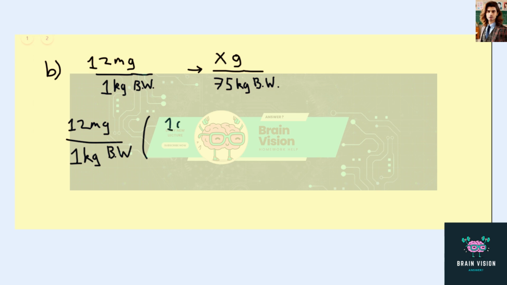We know for every gram, we have 1,000 milligrams. Remember, we can only multiply by 1. So how do we get the 75 here when we only have 1? Well, you multiply top and bottom by just 75.